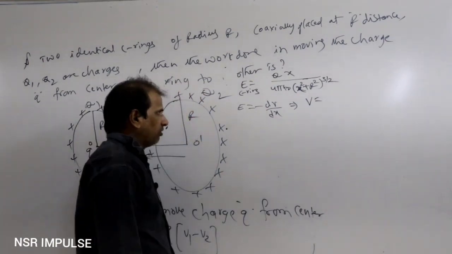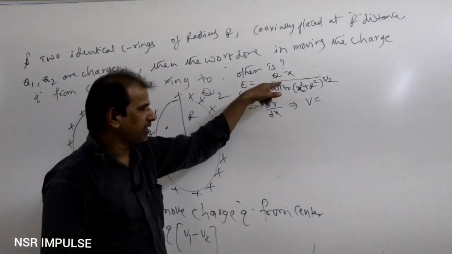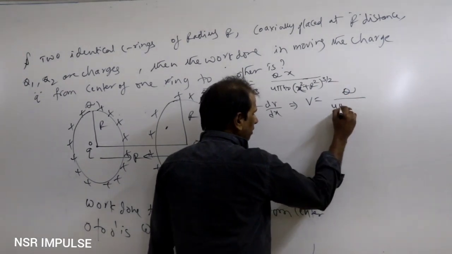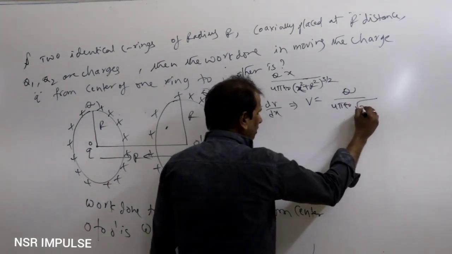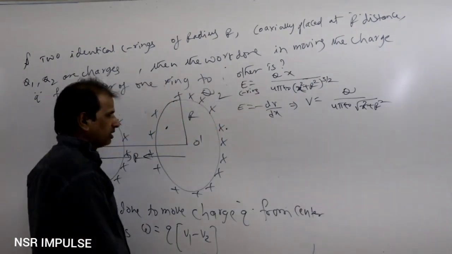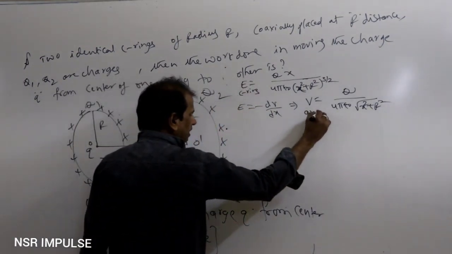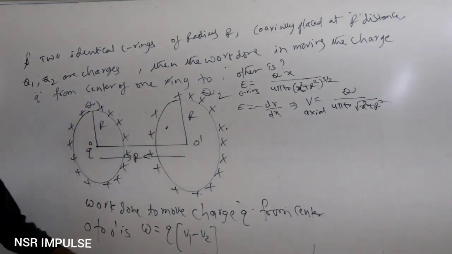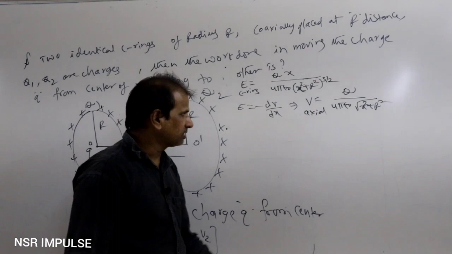If you substitute the field and integrate, we get the potential due to a circular ring as Q by 4 pi epsilon naught root of (x square plus r square).